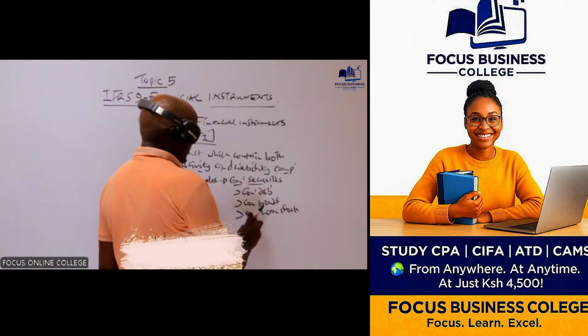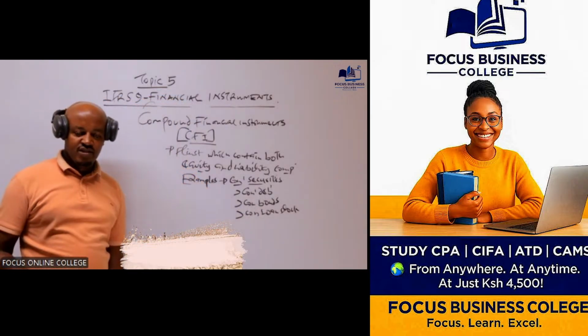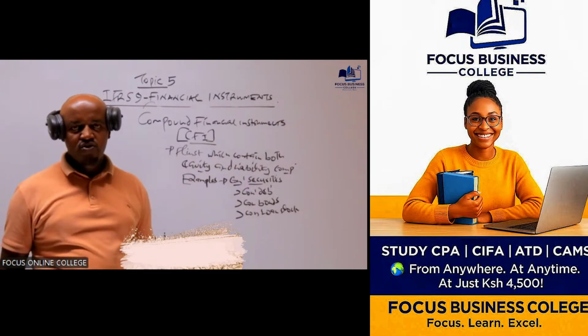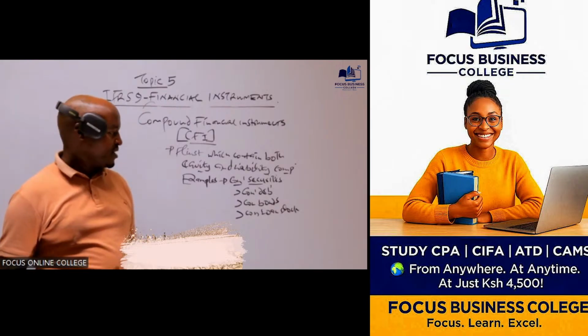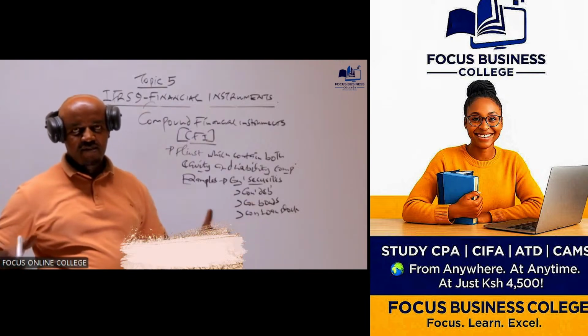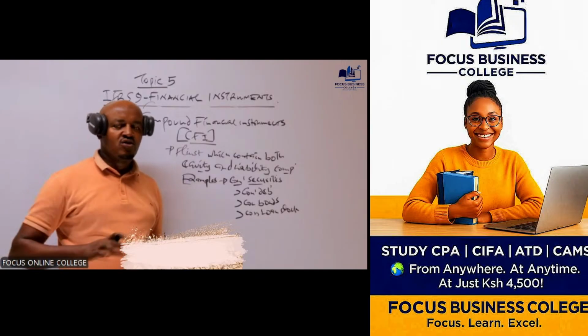And why do we refer to these securities as convertible? It is because the holders of these securities can convert them into ordinary shares. I hope you can remember in company law, in the topic of the debt instrument, you talked about different types of debentures, and you were told that one type of debenture which may be issued by the company is convertible debentures.